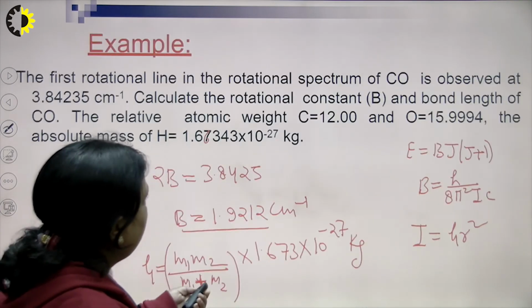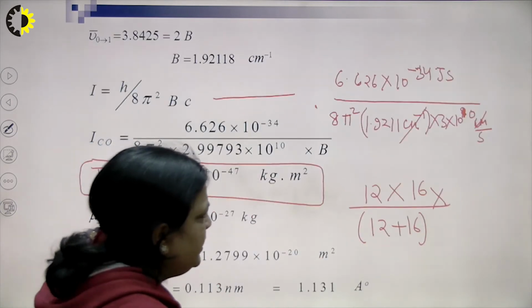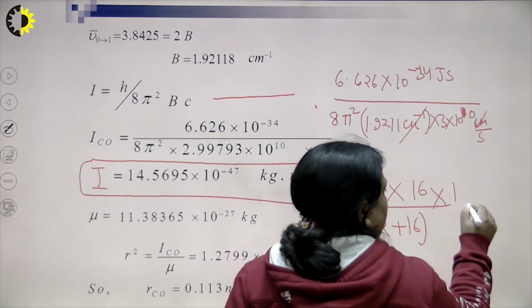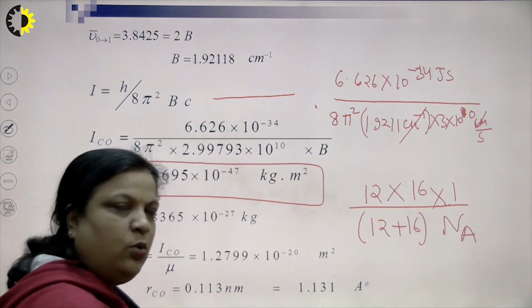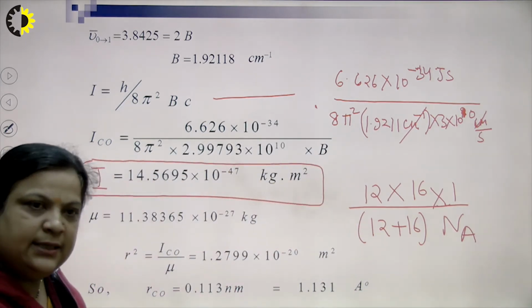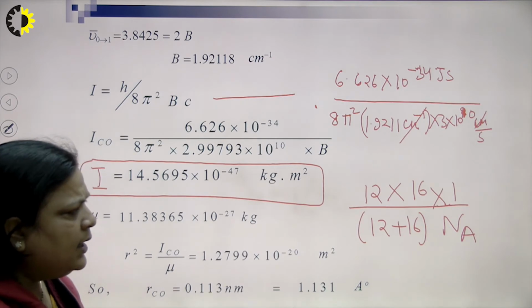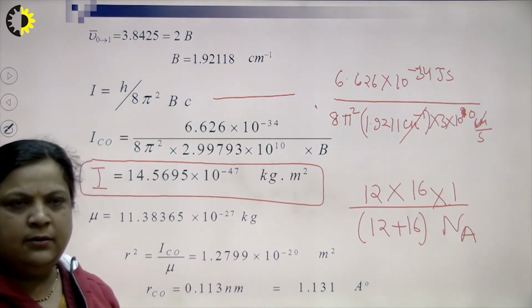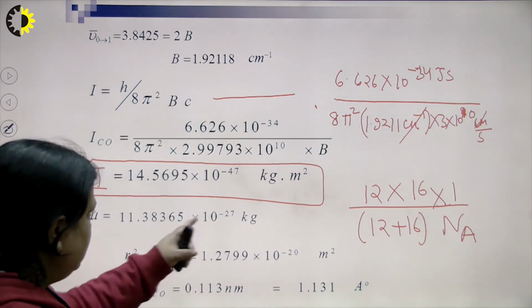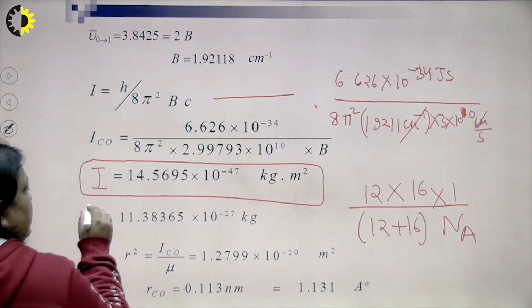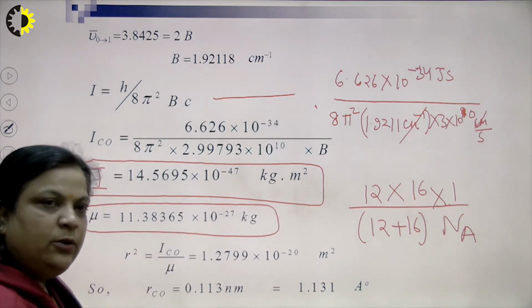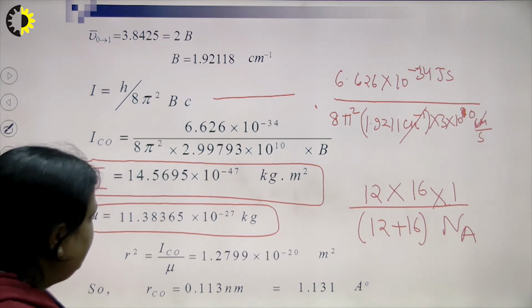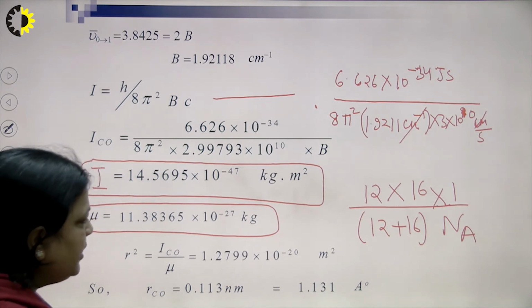If this value is not given, we can basically use 1 upon Na, because it is the easiest way to convert AMU into gram, and gram we can convert into kg. So, we get mu, the reduced mass, which is 11.383 into 10 to the power minus 27 kg, and I is equal to mu r square.